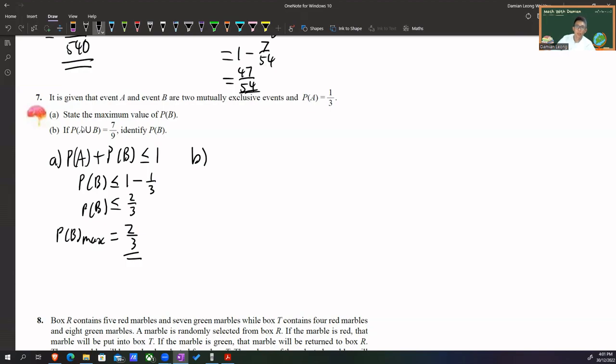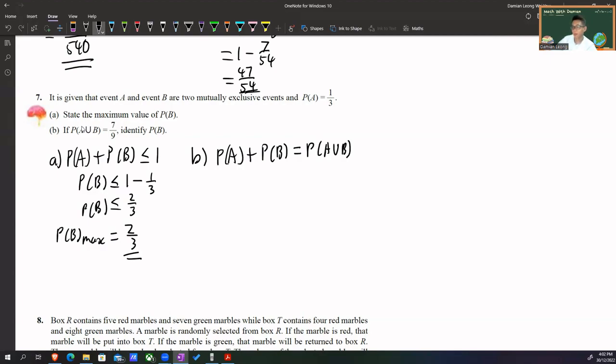Okay. So if probability of event A union B is 7 over 9, basically probability of event A plus probability of event B will be equals to probability of event A union B if it's mutually exclusive events.